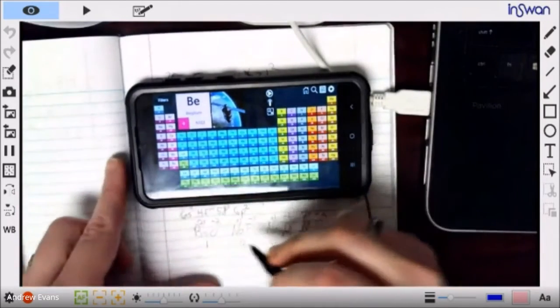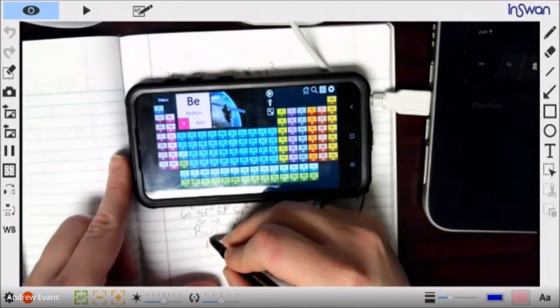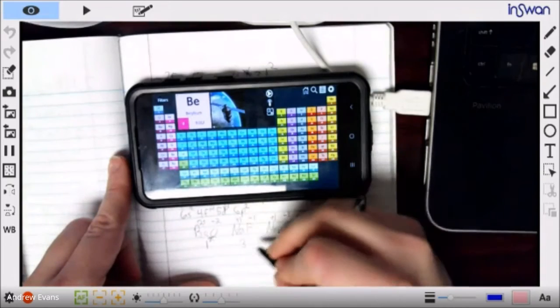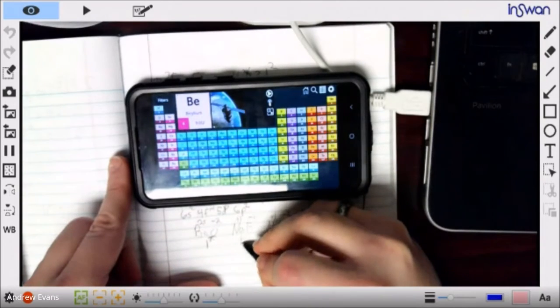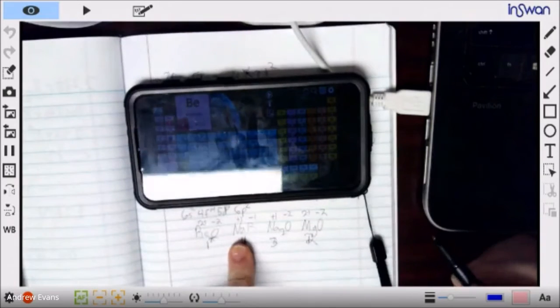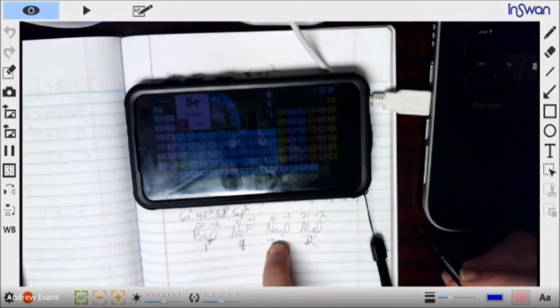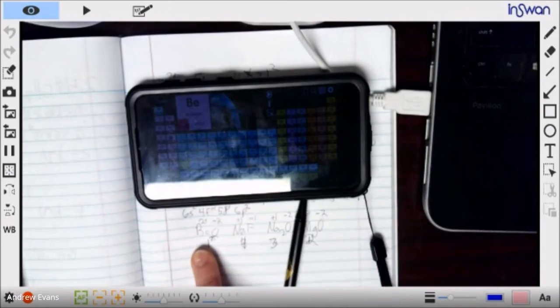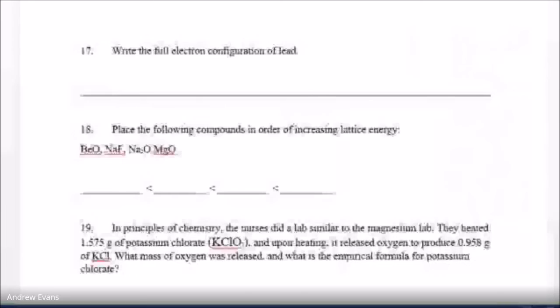So this one is actually the number 1. This guy is actually 2. This guy is 3. This guy is 4. So put in the correct order, you would have this guy lowest, second lowest, second highest, highest. And that's what you do for the lattice energy.